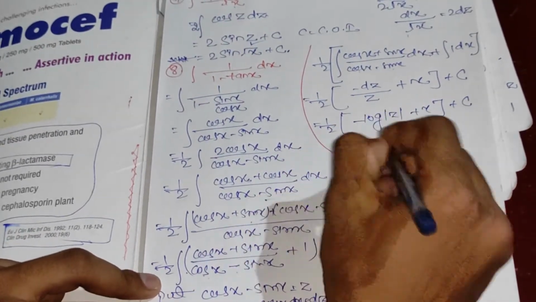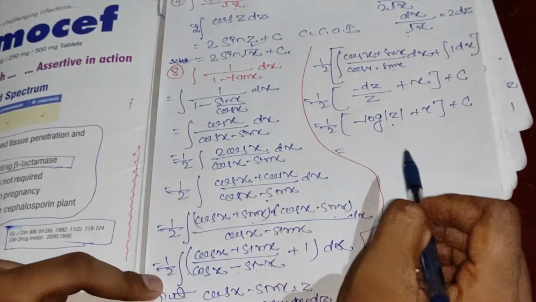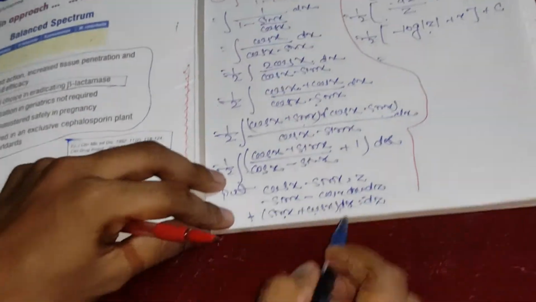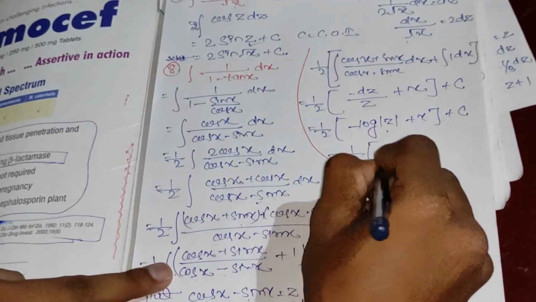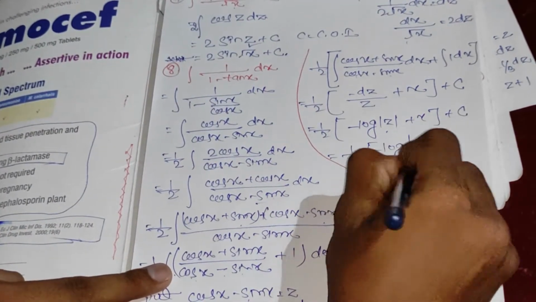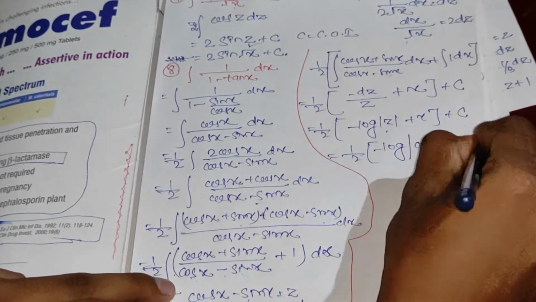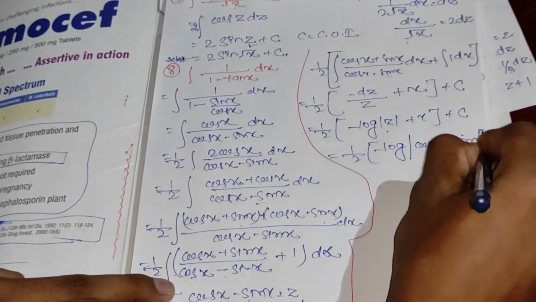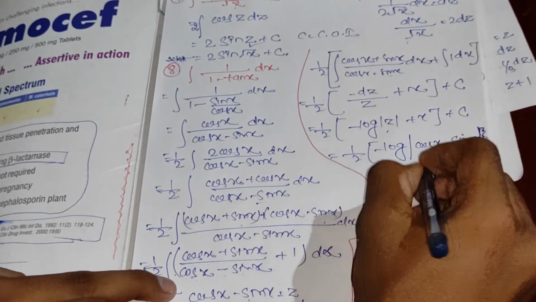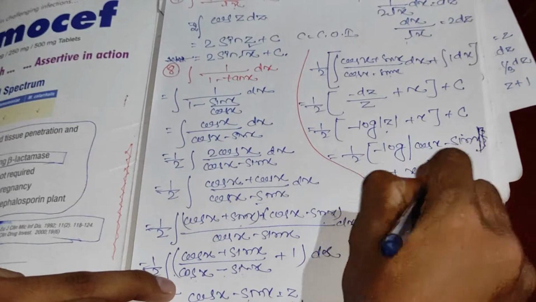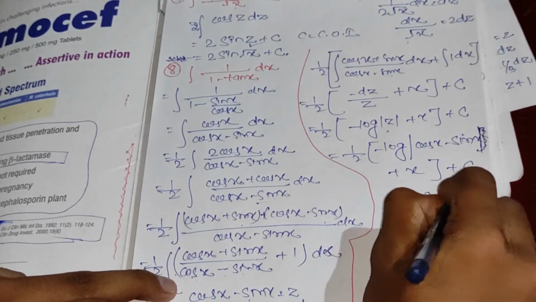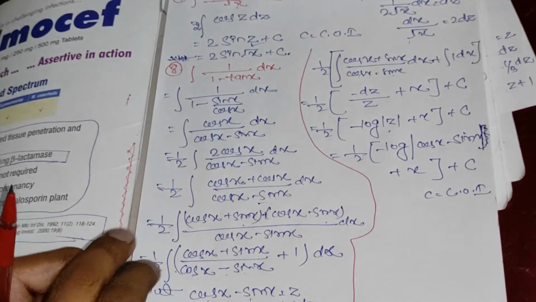Alright, now the final step is that we will convert z in terms of x. What we have assumed is z equal to cos x minus sin x. So we will put it in: minus log of (cos x minus sin x) plus x plus c, where c is the constant of integration.